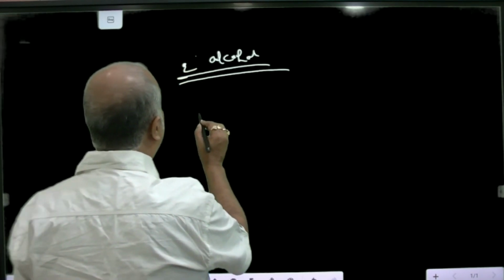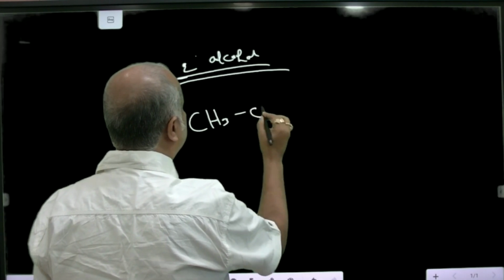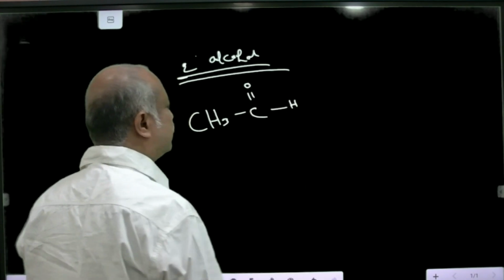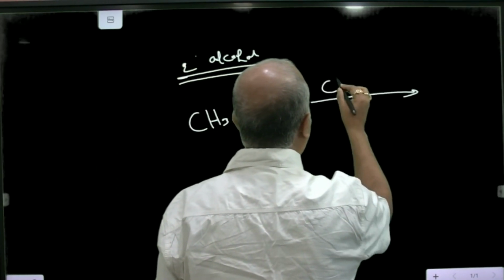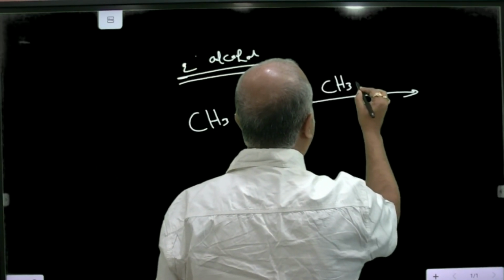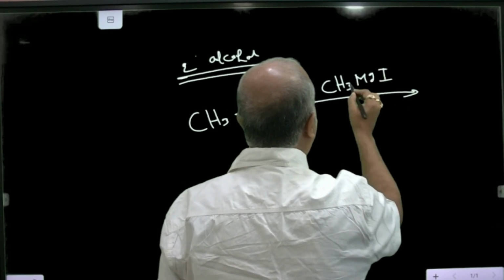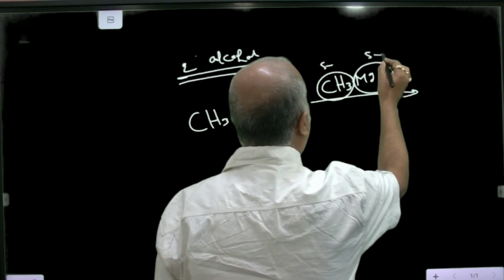That means I will take acetaldehyde with Grignard reagent CH3MgI, that is del minus, that is del plus.